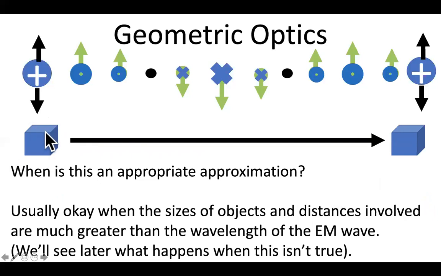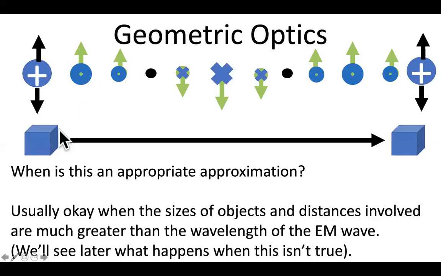the size of the objects you're talking about and the distances between them are big compared to the wavelength of the wave. If the wavelength of the wave starts getting comparable in size to the objects or the separation between them, then these approximations we're going to talk about start to break down.